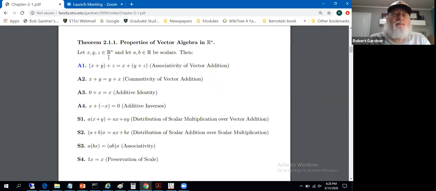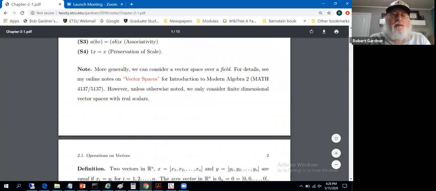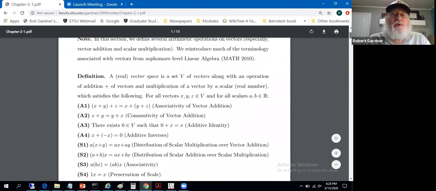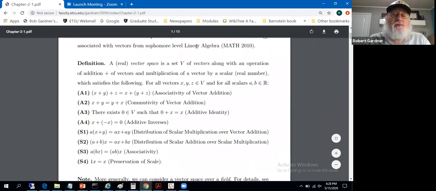Let x, y, and z be vectors in Rn. Let a and b be scalars. Then we claim the following: x plus y, plus z, equals x plus y plus z. Didn't we just do this? That's the first property we had above. Yeah, what we had above was the definition of a real vector space.